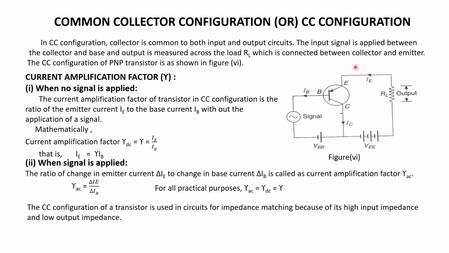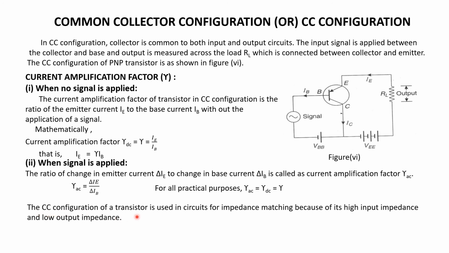Here this amplification factor is represented by the letter gamma. When the signal is not applied, the current is only DC, hence the amplification factor is gamma DC, that is IE by IB. When the signal is applied, gamma AC is change in output current delta IE by change in input current delta IB. So like that we have three transistor configurations.